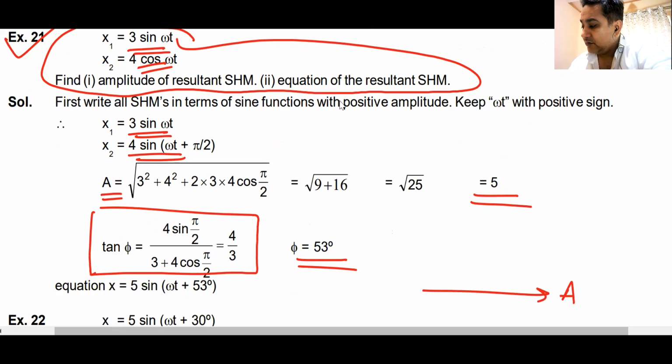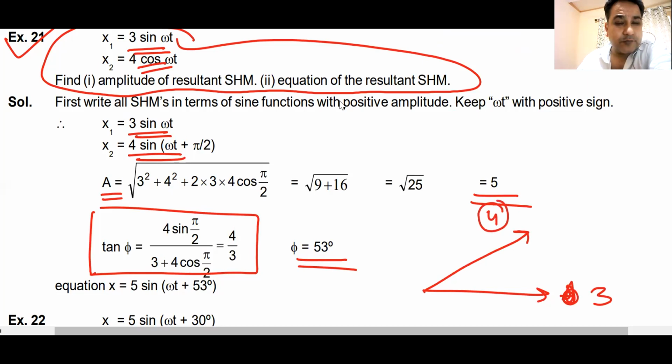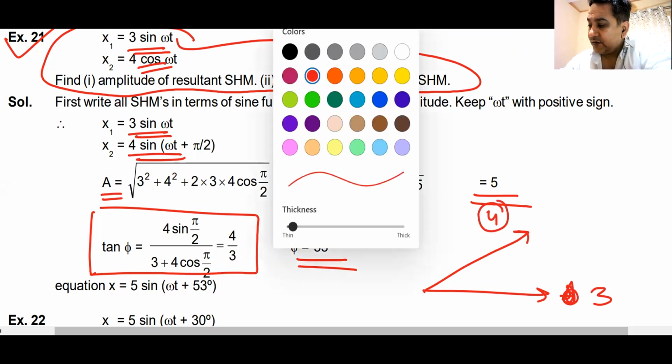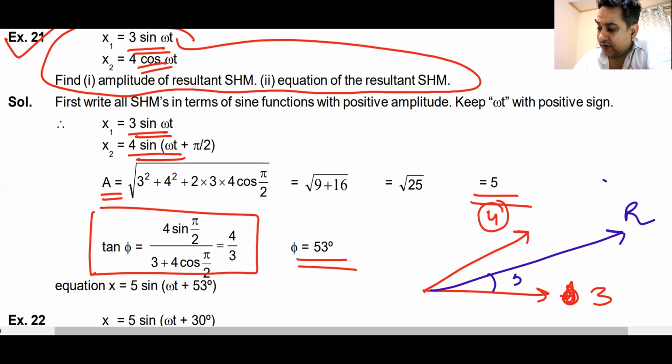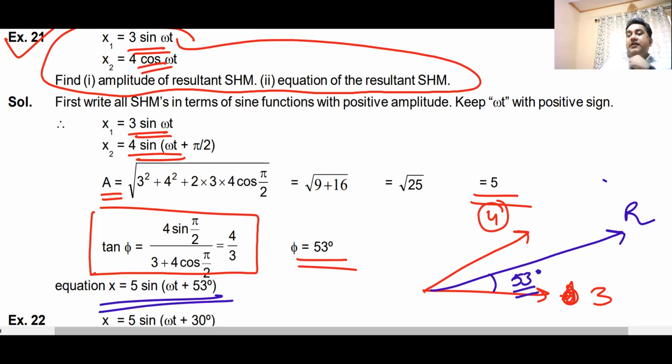A1 is here, which is 3. A2 is here, which is 4. The resultant lies somewhere here, R, and this angle becomes 53. So how do I write it? I find the magnitude. Magnitude is 5. It is 5 sine omega t plus 53 degrees.